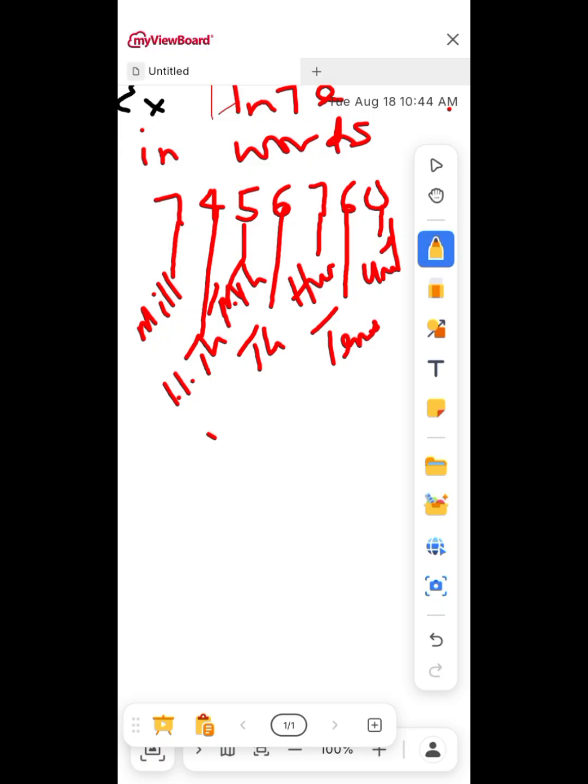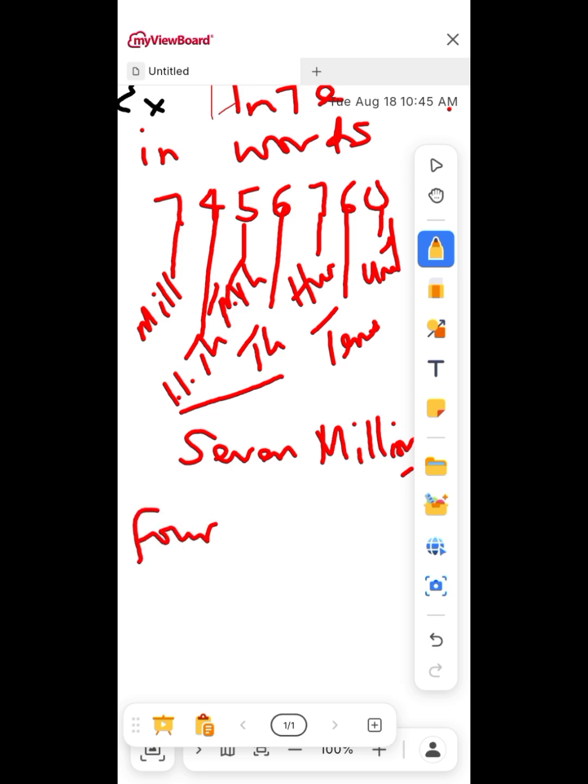7 is the only million, and so we have 7 million. Group all the thousands together. We have 456,000.